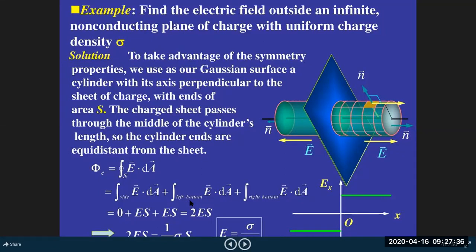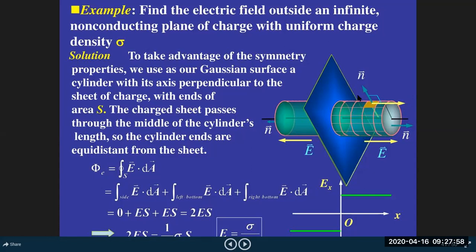This is left bottom, and this is the side. The side is this one. So left bottom, and this is right bottom. Due to the side, because the lateral curved surface of the cylinder makes an angle of 90 degrees with the electric field.